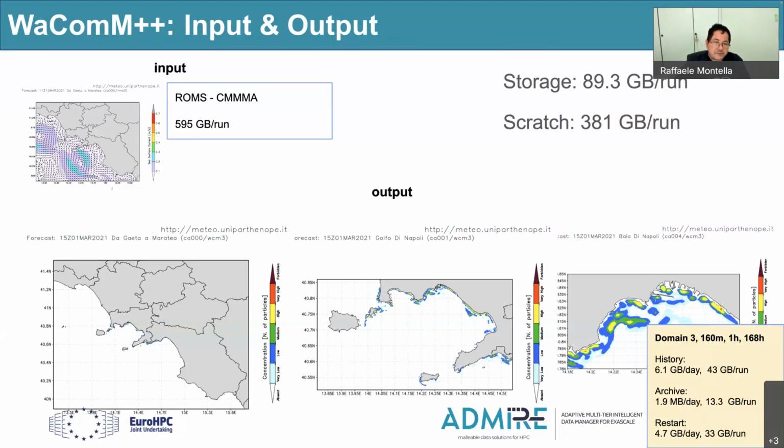In the picture, the final output as maps. And you can see the different amount of particles transported and distributed around the Campania region, the Gulf of Naples and the Bay of Naples.